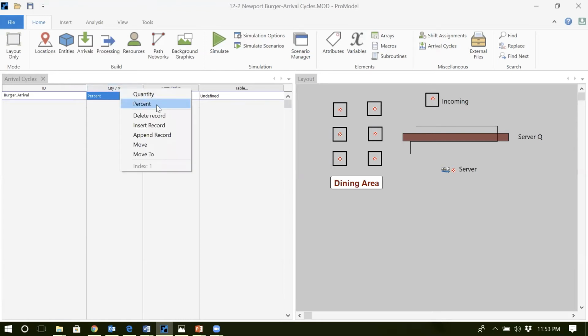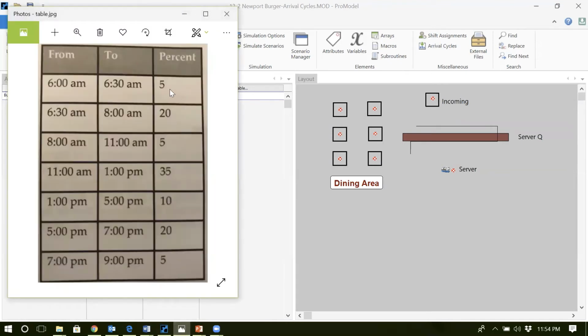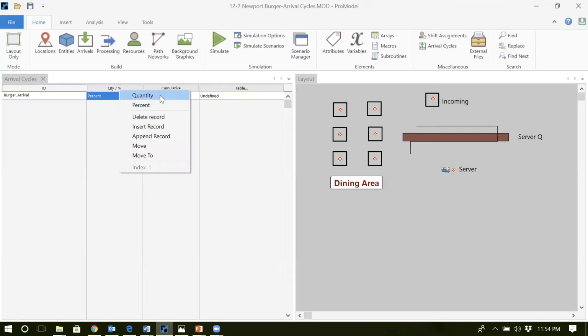If you click on the column, it has the percentage or the quantity. Percentage means you are telling me how these people are spread throughout the day. So here, what I have is the percentage of people across the day. If I had the number of people, to say, of these 100 people, for example, 3 of them come between 6 to 6:30 a.m., 18 of them come between 6:30 to 8 a.m., and these numbers represented how many of those 100 people come at which time interval, then I would use quantity instead of percentage.